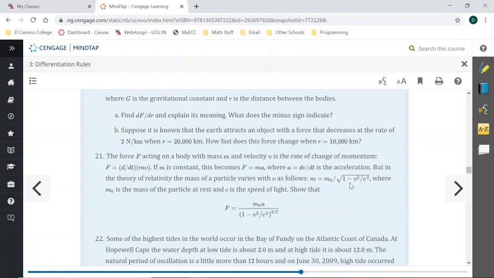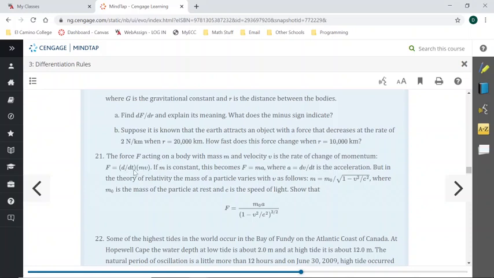But also, if this is true, notice the mass is now a function of velocity, and since velocity is a function of time, this means that mass is now a function of time.